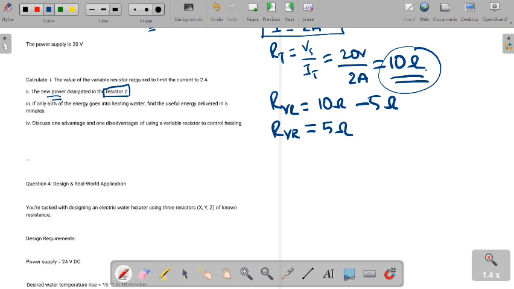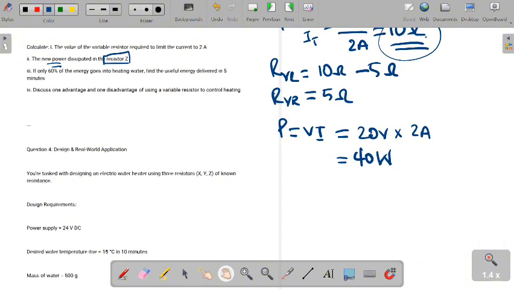Power equals voltage times current. Total voltage is 20 volts, multiplied by the current 2 amperes, giving us 40 watts.